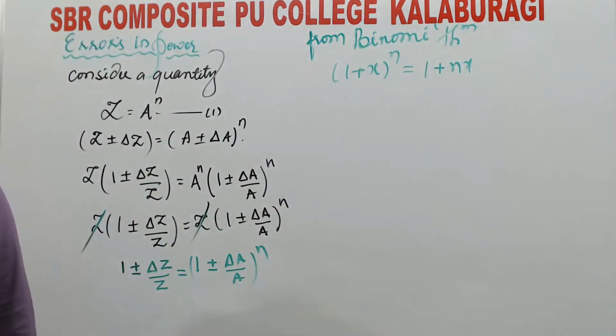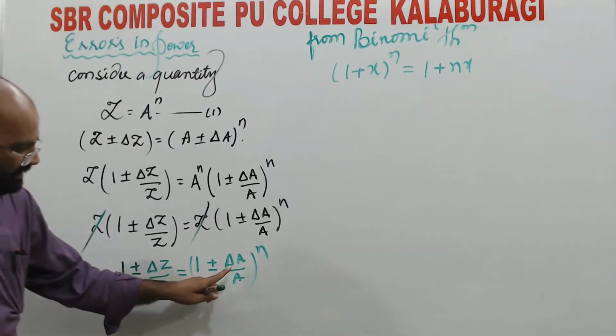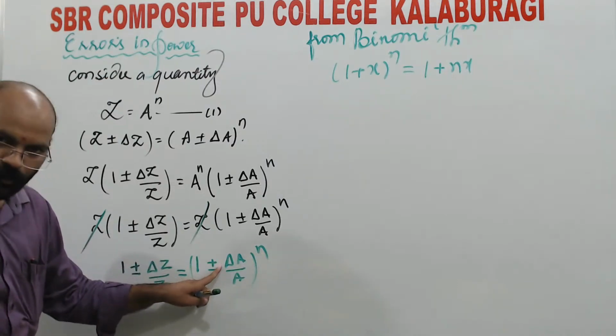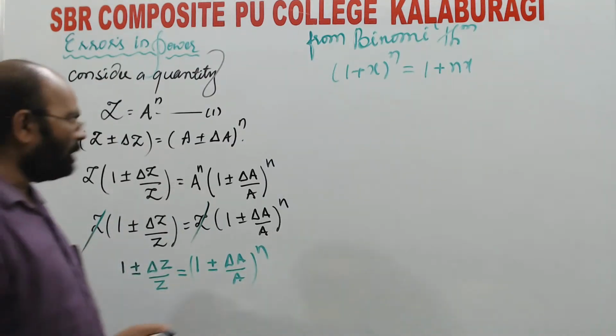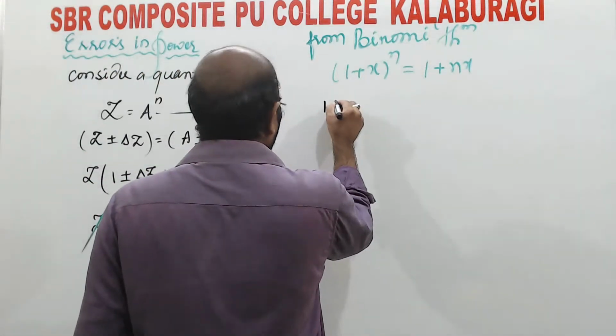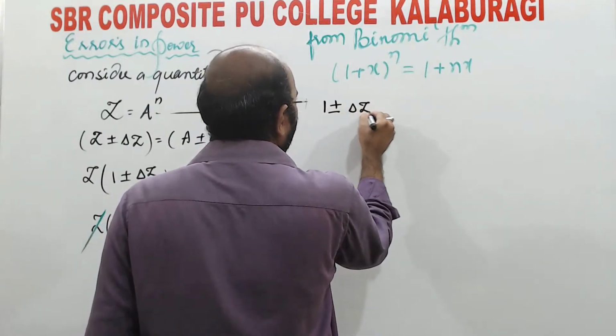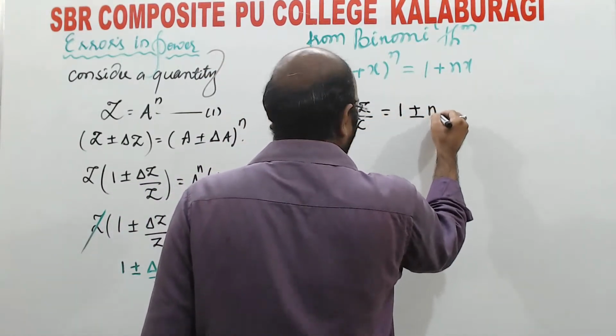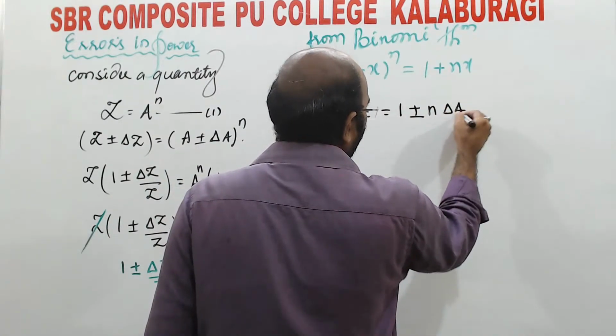This is what we call the binomial theorem. So this n will be multiplied over here. What do you get now? 1 plus or minus delta Z by Z equals 1 plus or minus n into delta a by a.